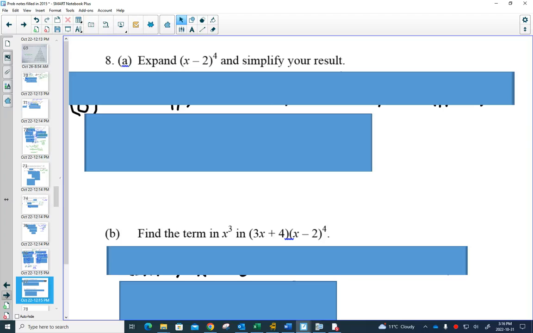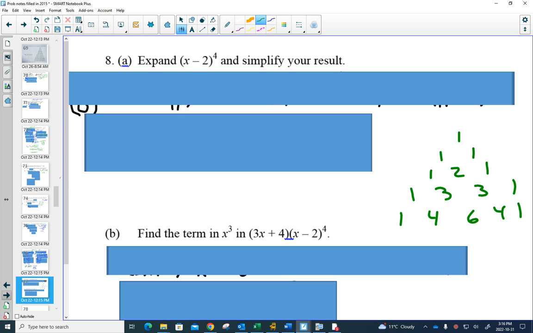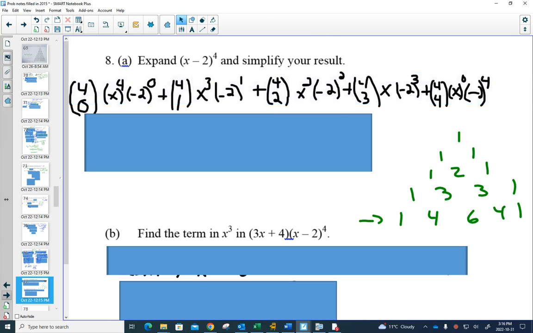Do you remember the way to expand things completely? Using Pascal's triangle? Right, because there's going to be 5 terms. This is the coefficients with 5 terms, and they're going to match up with 1, 4, 6, 4, 1.